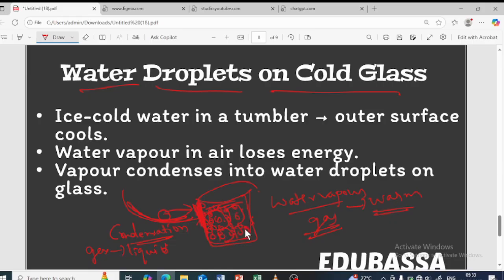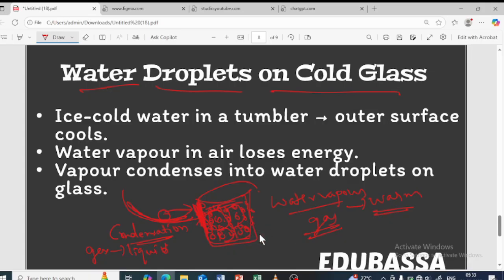When you keep it outside in the atmosphere, you might have seen, isn't it, when you place the cold, you can also give the example of the juices, isn't it? When you place it outside, after some time you can see the tiny water droplets on the surface of it.